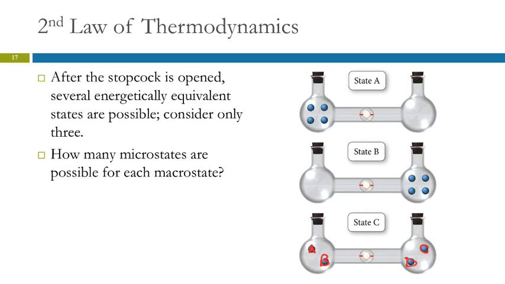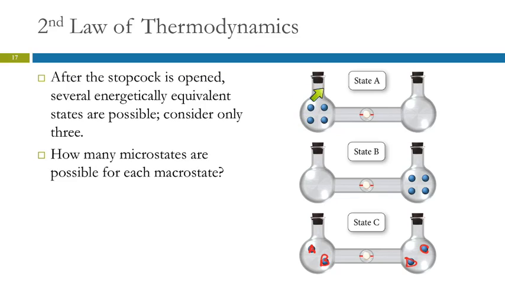How many different possibilities are there? A bunch. That's one of those statistics things, 2 to the n or something. More than a couple, right? How about for state A? How many microstates are there? Just 1.